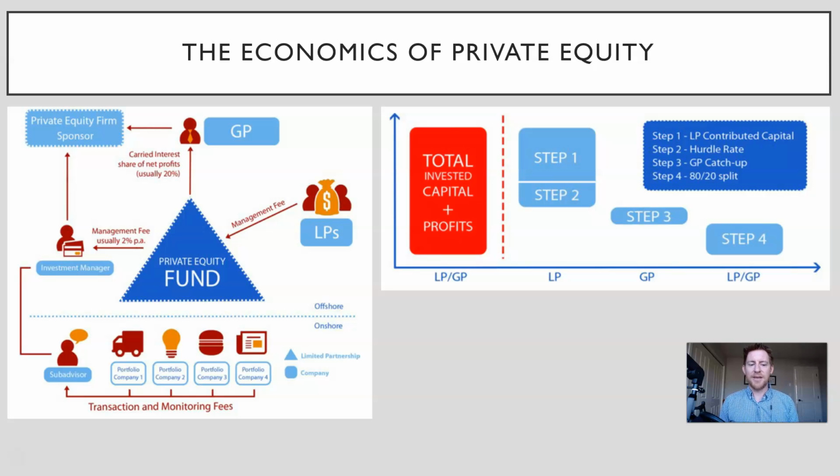And then everything above that GP catch up is split at some kind of proportion between the LPs and the GPs. A lot of the time that's 80-20, with 80% going to the LPs, 20% going to the GP. Okay? So you can see, as a firm running a fund, if you do really well, you can really reap the rewards from this process.